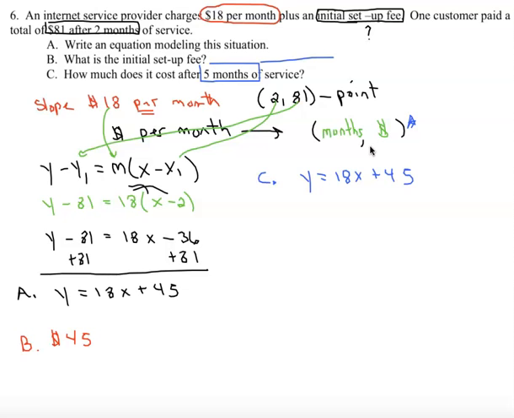So that 5 is my x value. Going back into my equation, I have y equals 18 times 5 plus 45, which is 90 plus 45, which is equal to $135. So 5 months of service will cost you $135.